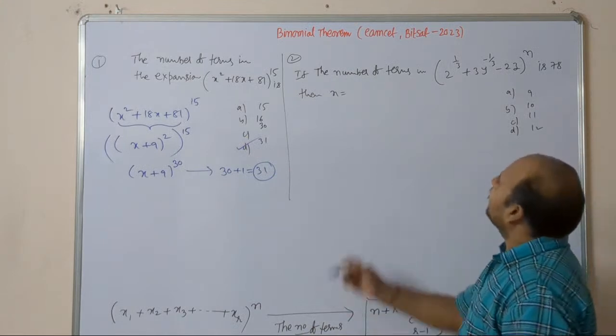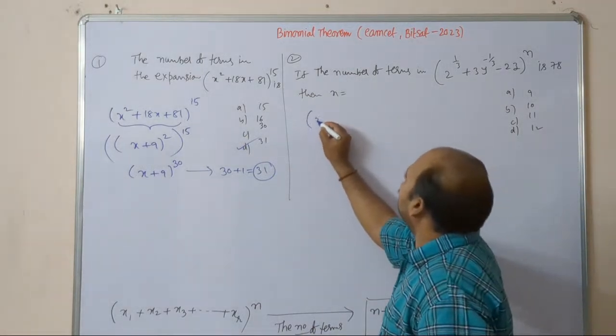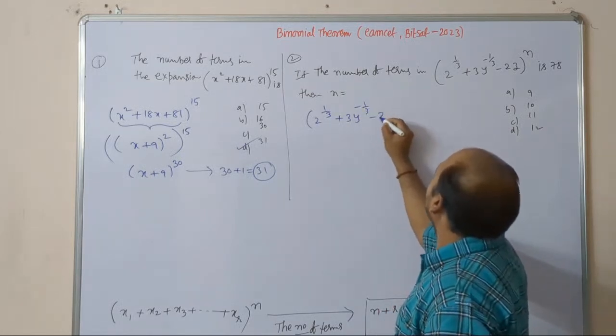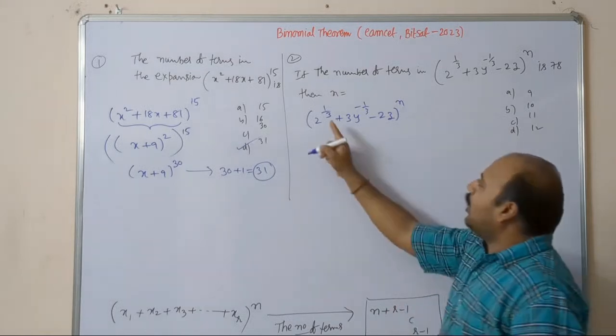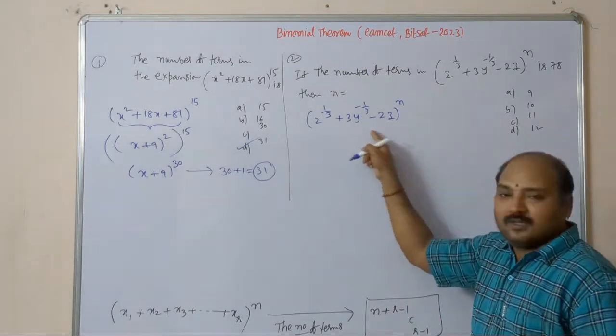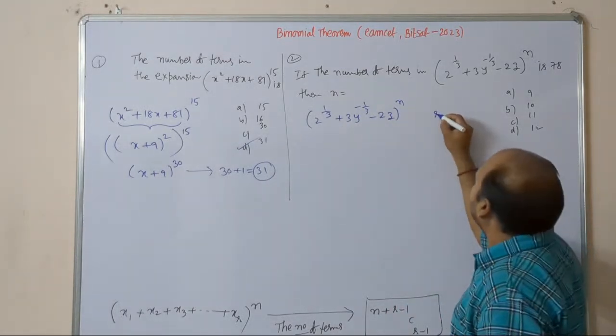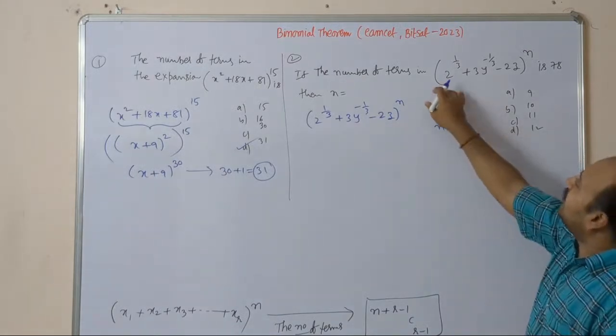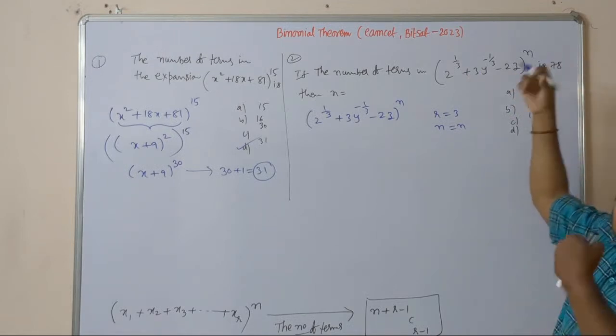Okay, right. The given expansion here, 2 power 1 by 3 plus 3 power minus 1 by 3 minus 2z whole power n. How many terms are there in this? 3 terms are there. So r is equal to 3. N is equal to n only. But the number of terms in this expansion is given as 78.